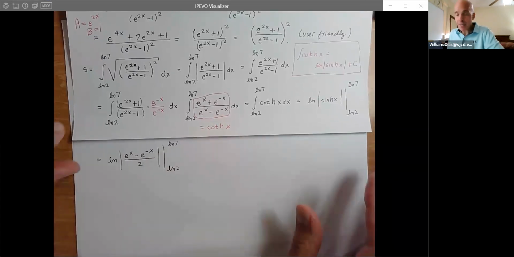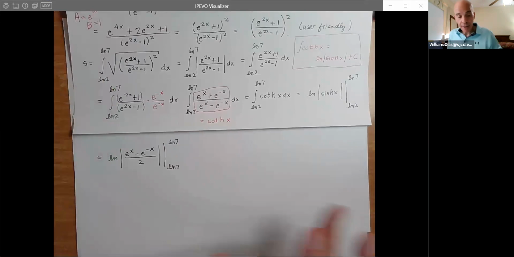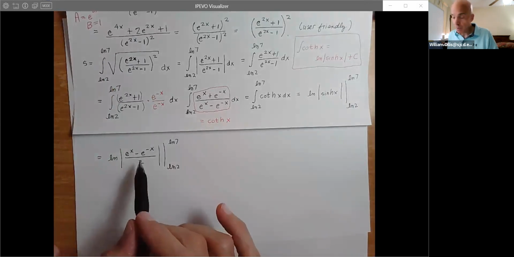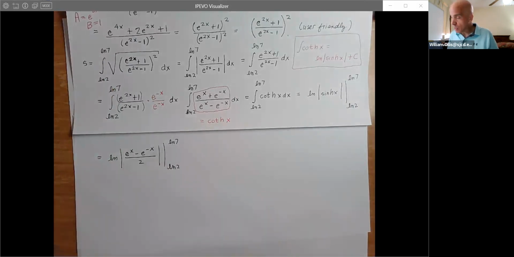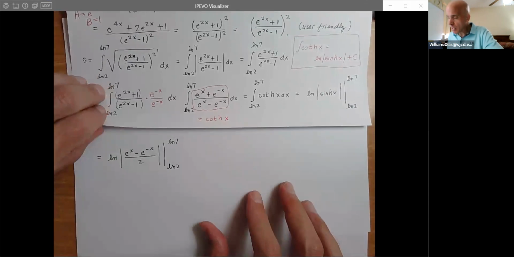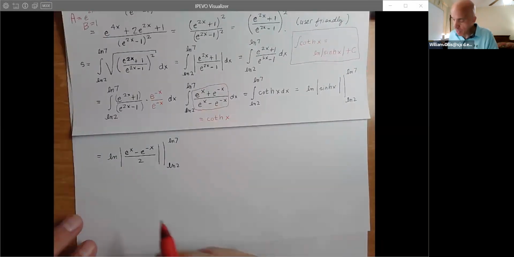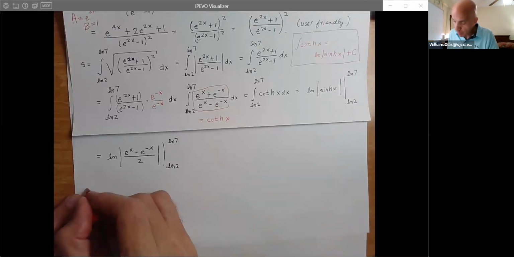So that's the definition of the hyperbolic sine. Now the beauty of this, and what makes all of this work, is that this is positive on this interval of integration. So let me just give you some simple definitions here. We'll finish the problem over here.